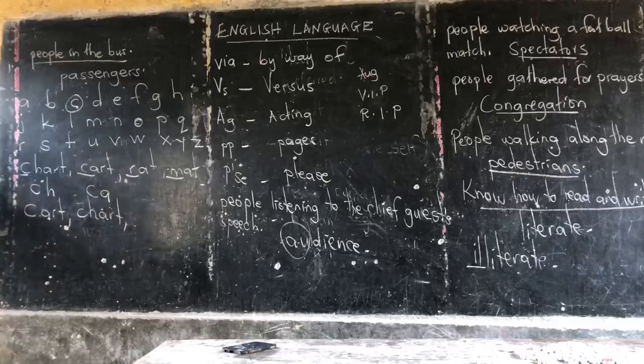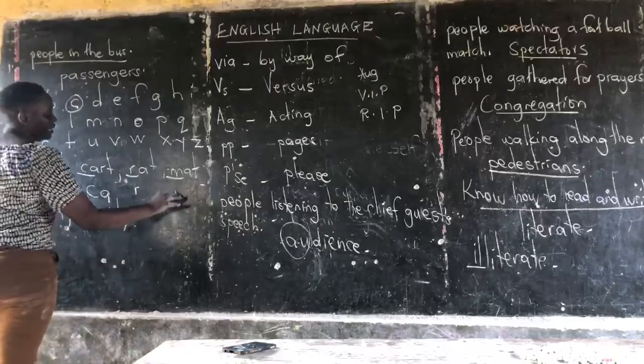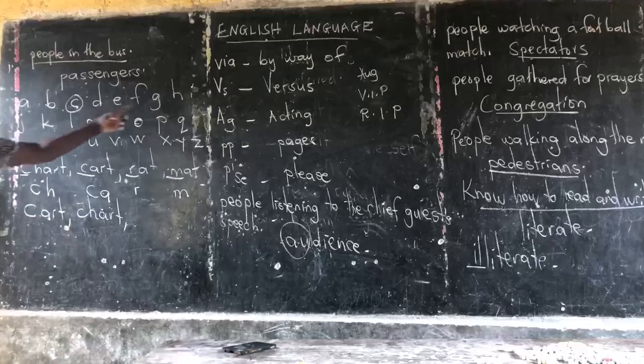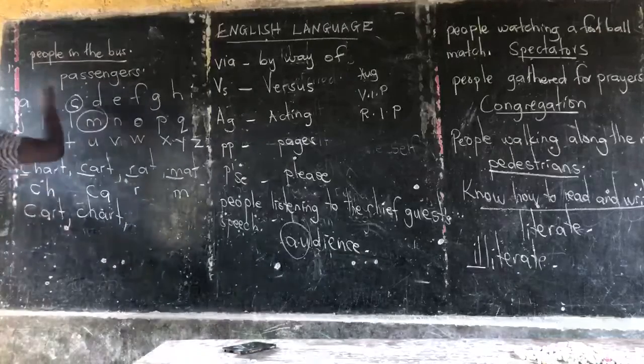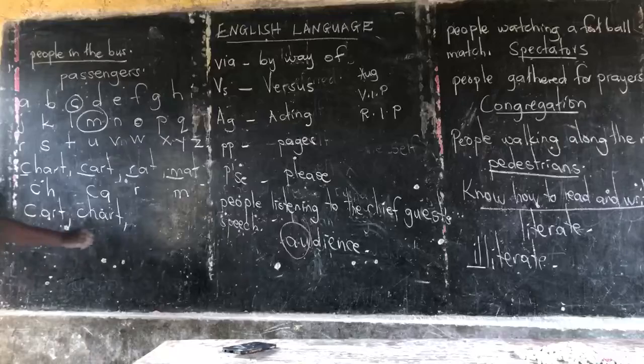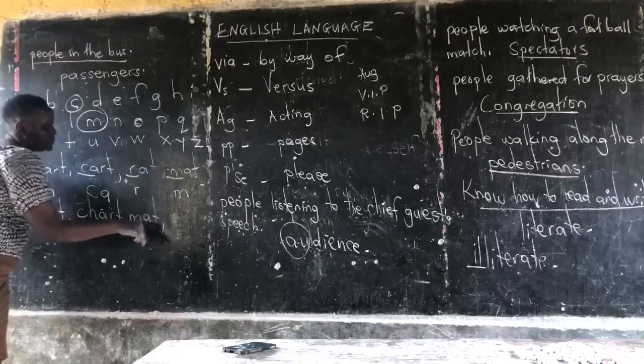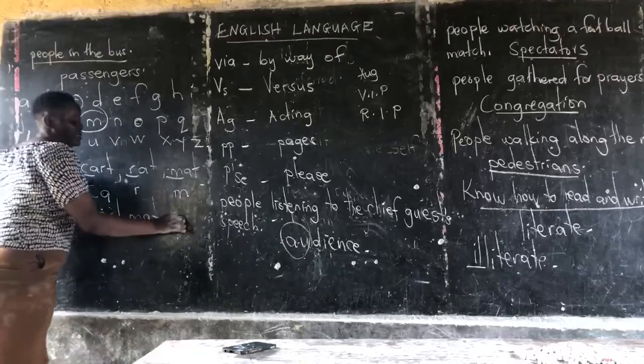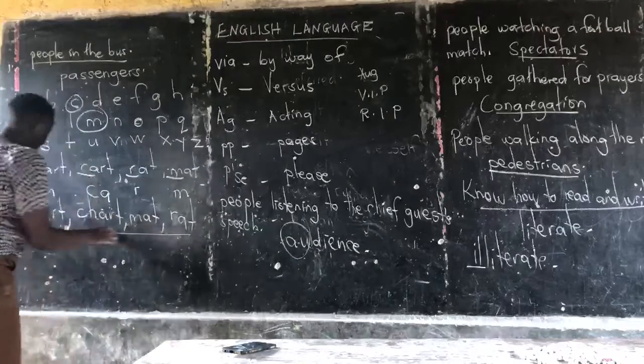So we are done with this. Let us look at the next letters. You have R and M. A, B, C, D, H, I, you have M. M is coming first, and the word is math. Lastly, that one is R, and the word is rat.